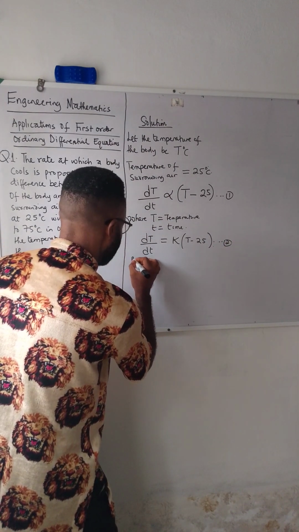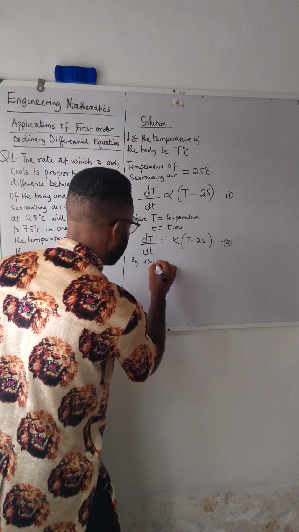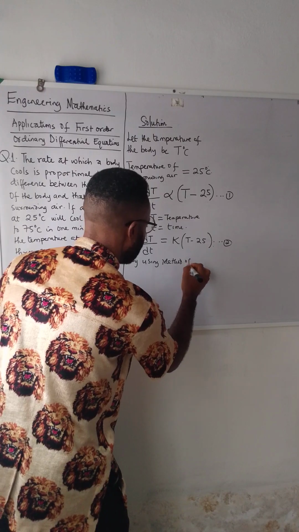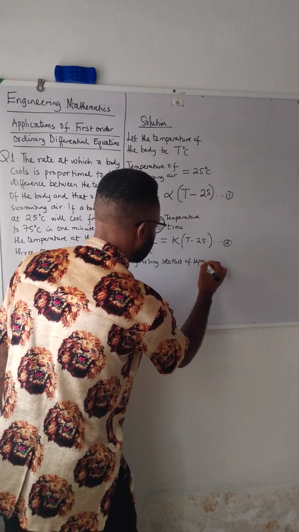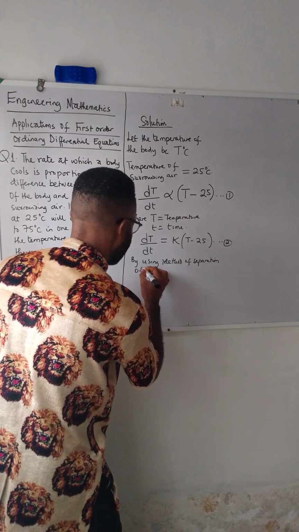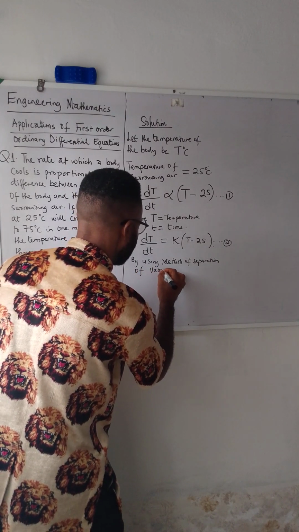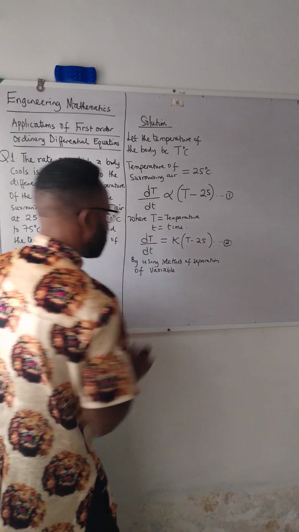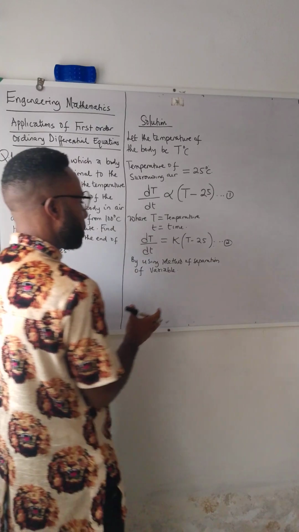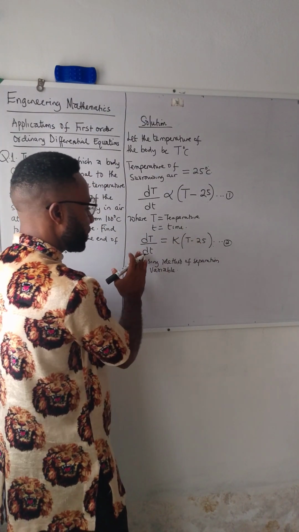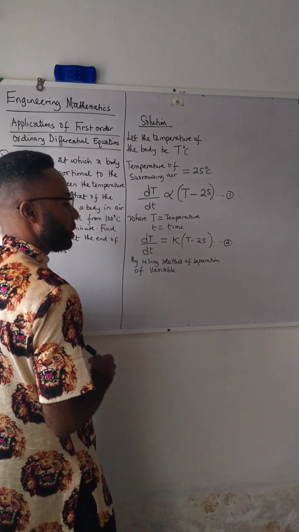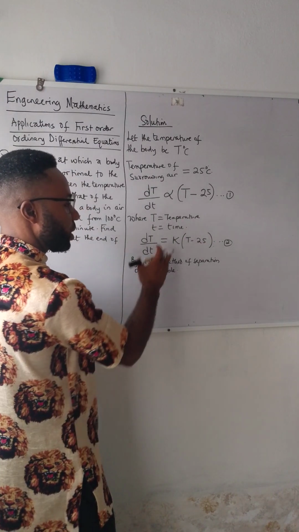I'll now say by using method of separation of variable. So by using this method of separation of variable, what it implies is we are going to take temperature to where temperature is, and then time will go to the right hand side where the constant is.